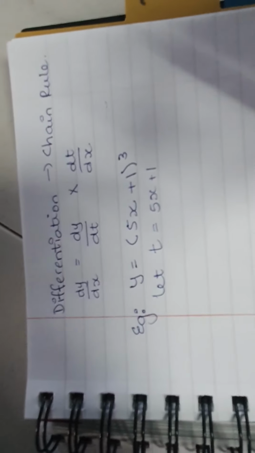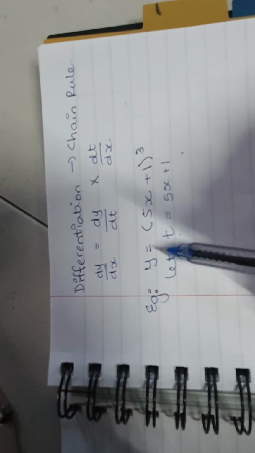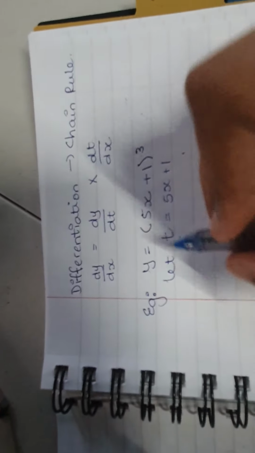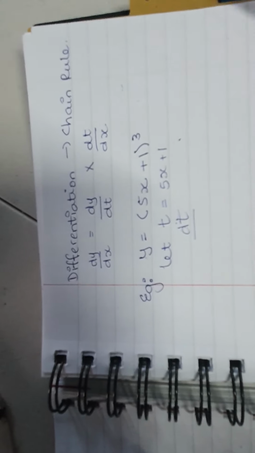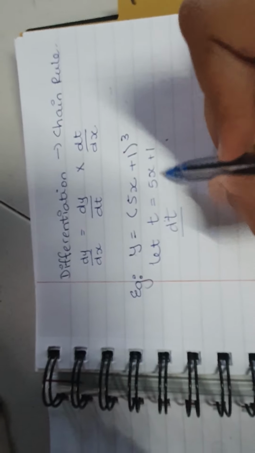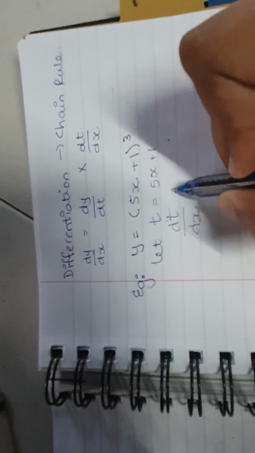Okay. Next thing we're going to do is differentiate this here. Now you remember before, when we were differentiating, it would be y equal to something, and when you differentiated, we would write dy/dx. Now because it's t you're differentiating, instead of putting dy, we put dt, because t is what you're differentiating, and we're differentiating with respect to x, so you put dx underneath.